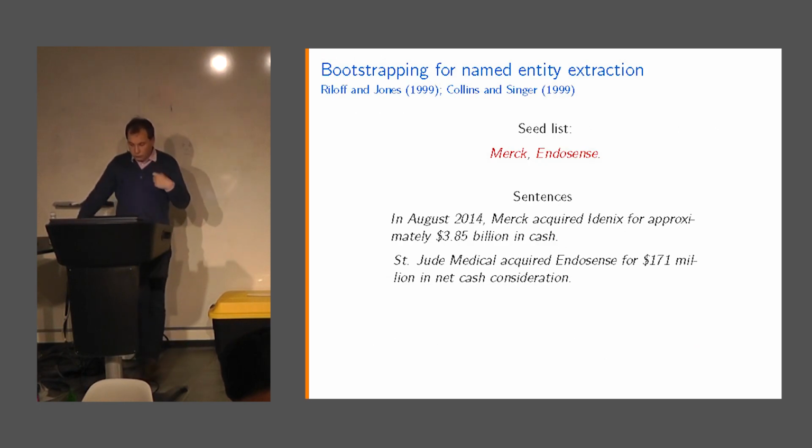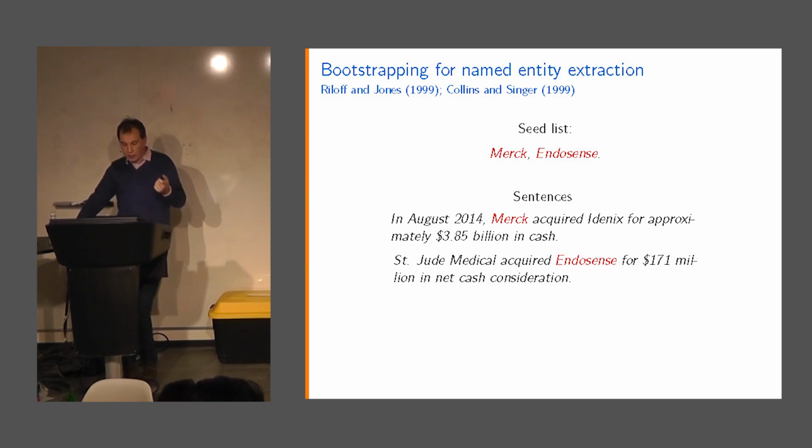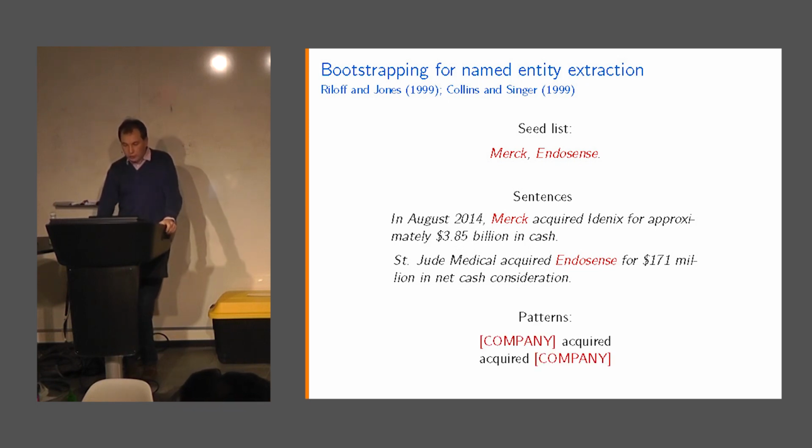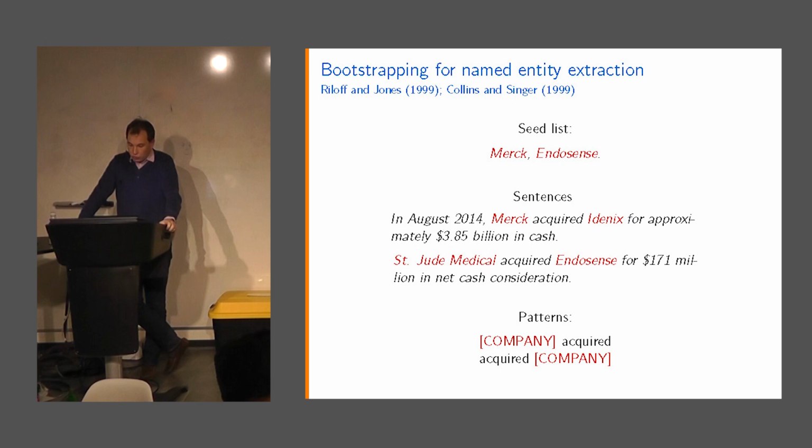And so an old idea for training a named entity extraction system without labeled data is to start from a seed list, for example a small list of companies, and to try to match those named entities to unlabeled text, and then to obtain some kind of labeled example, so that you can extract, for example, patterns that will allow you to extract new named entities from your unlabeled text.